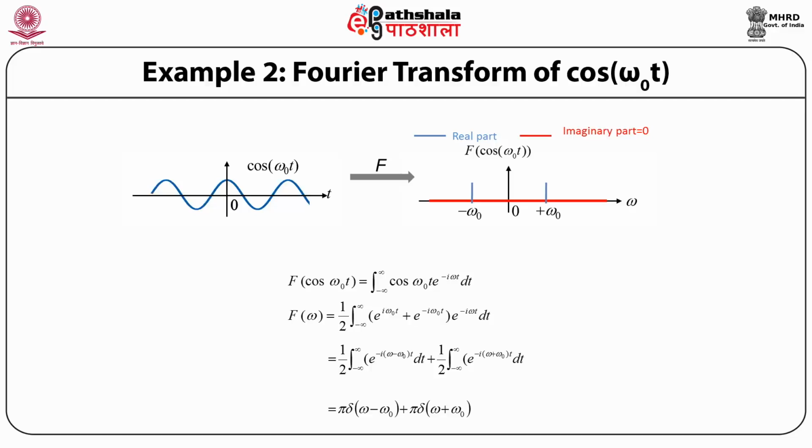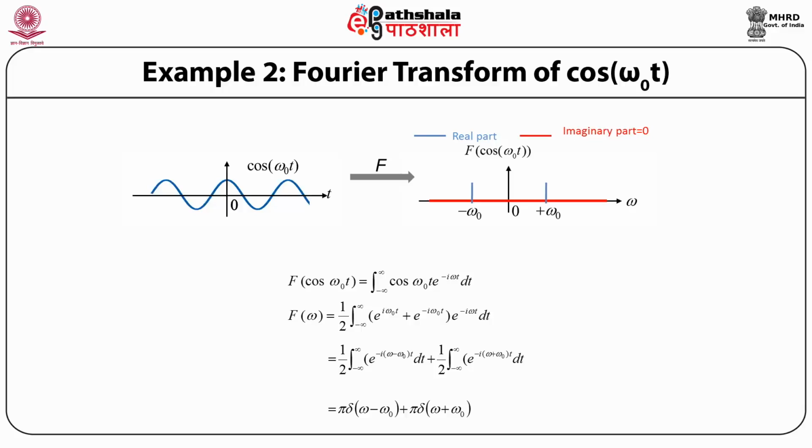Then you can divide them again into two different functions, as we saw in a previous example. When you solve this, you will get pi times delta of omega minus omega naught plus pi times delta of omega plus omega naught. So what does that mean?